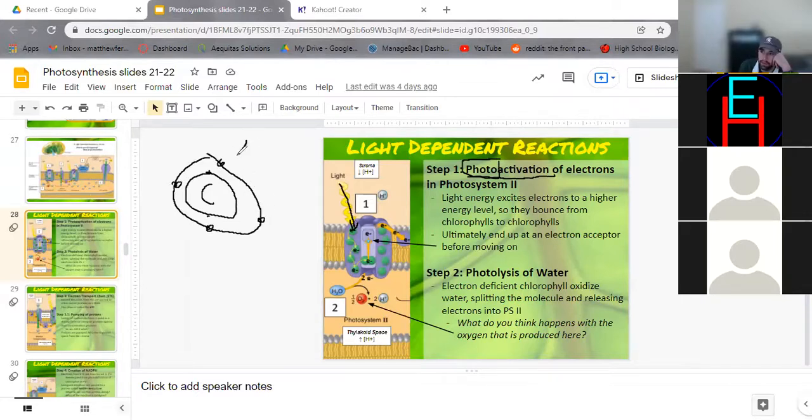But these valence electrons, the electrons in the outermost shell, are very easy to energize and break off. So if the question asks how your chemistry knowledge applies to this subatomic particle, that's the idea to think about: we're bouncing valence electrons. And so these end up bouncing all the way to this electron acceptor here.